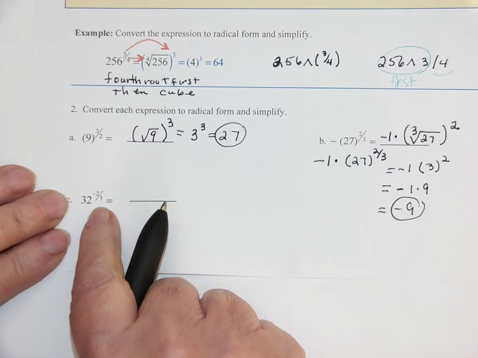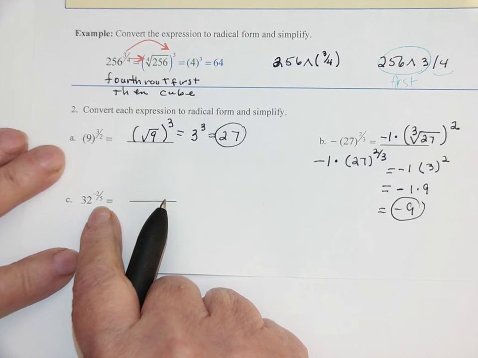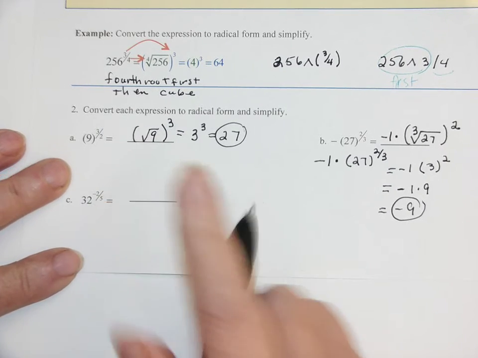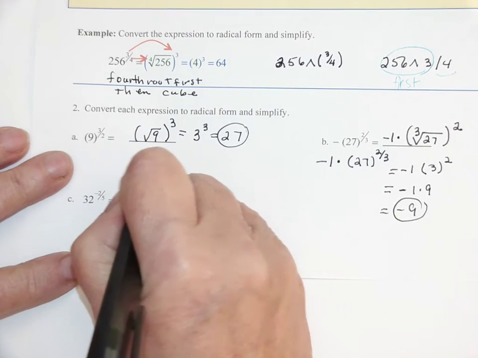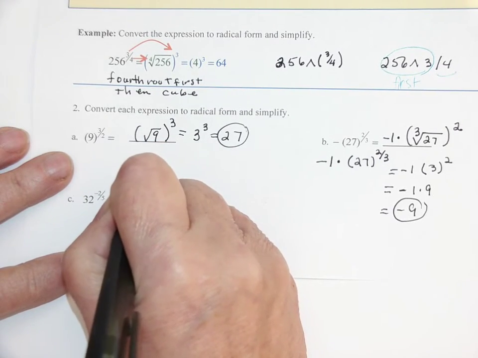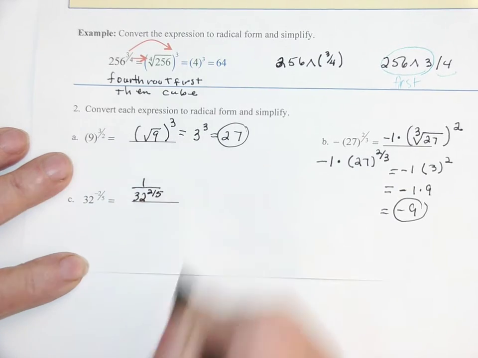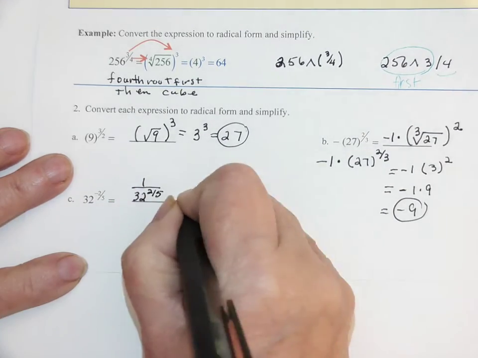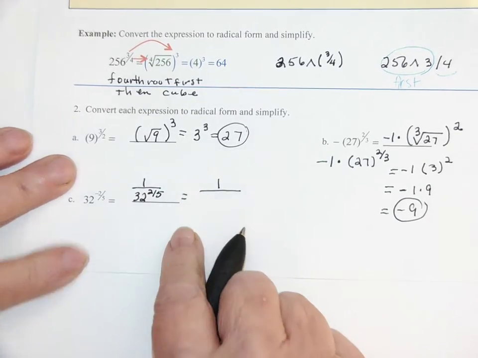Now this is 32 to the -2/5. Now remember what happens with negative exponents. The 32 is going to get moved to the denominator. And now we still have this game going on with the radical.